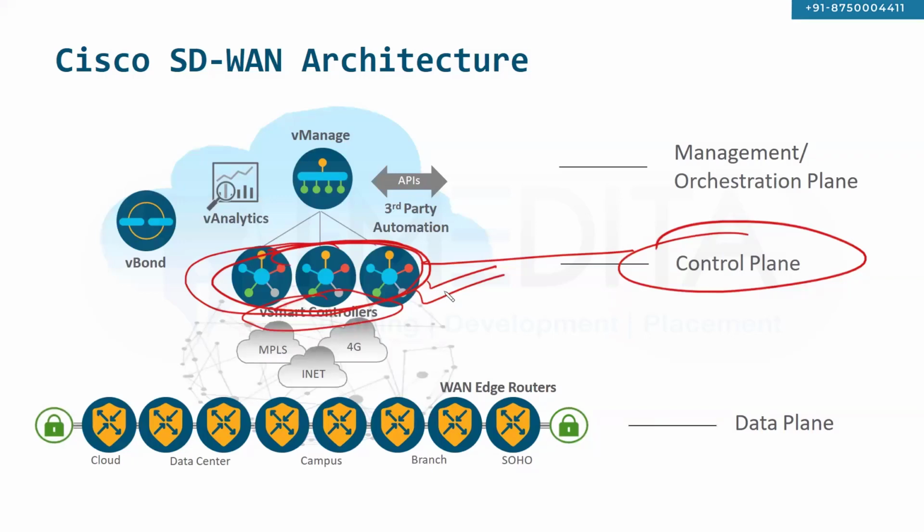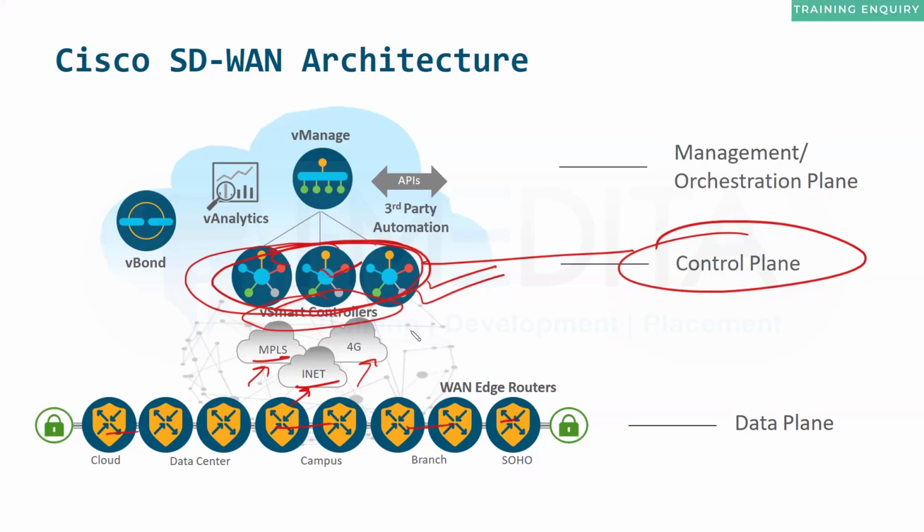Seriously, you still have the same requirement. Let's say you wanted MPLS as a primary circuit and internet as a secondary circuit, or internet as a primary and MPLS as a secondary, or maybe 4G LTE is also there. You don't have to go to each and every site router. No, make the policy on the vSmart controller.